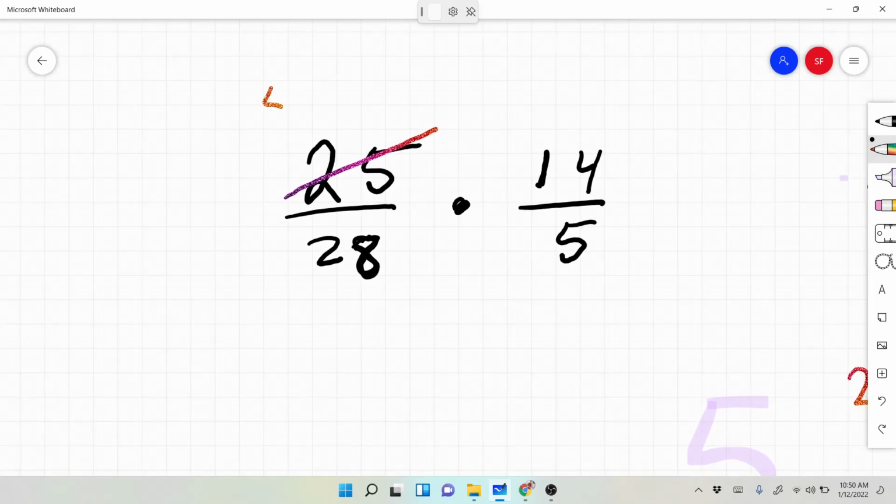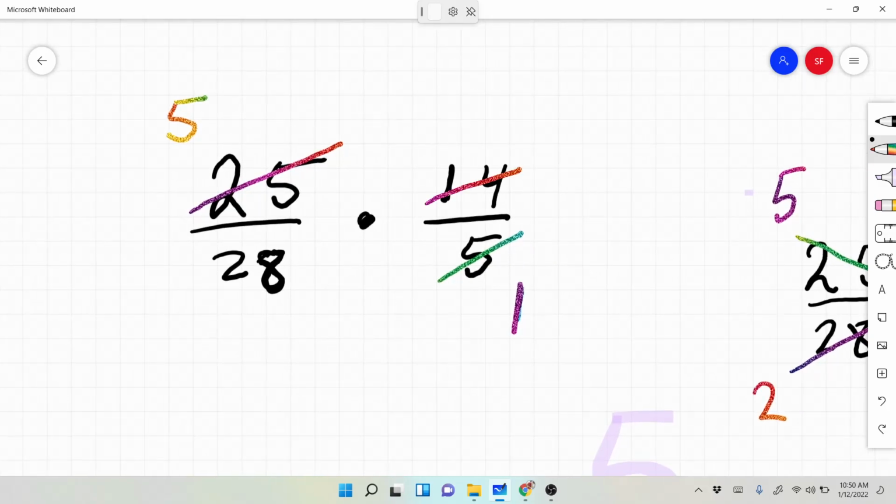Okay, so 25 divided by 5 is 5. And then what's 5 divided by 5? 1. Okay, so now what about 14 and 28? What goes into both 14 and 28? 2 does. What's 14 divided by 2? 7. What's 28 divided by 2? 14.